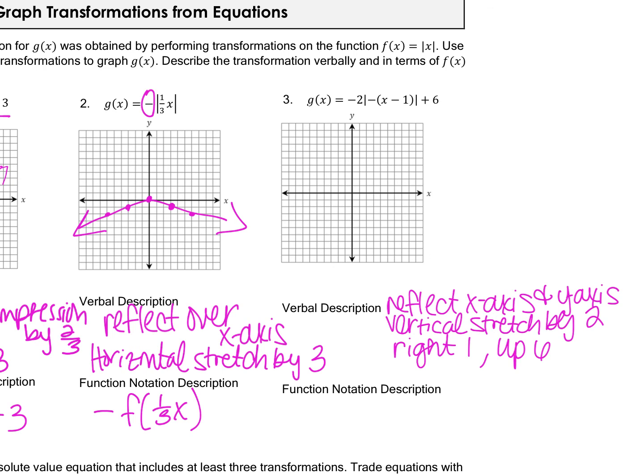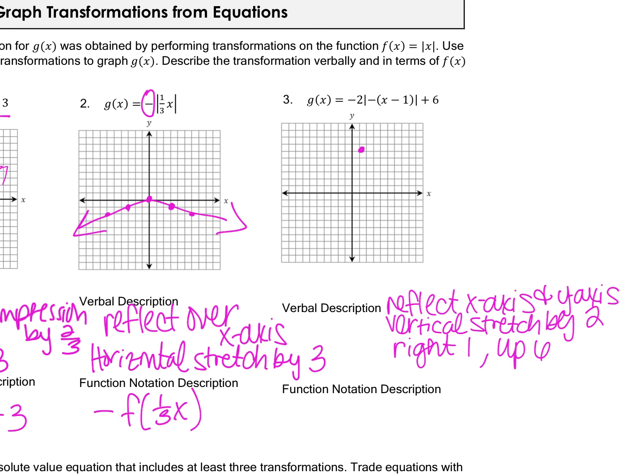Okay, so I would first start with the 0, 0. We need to shift it right 1, up 6. And then we have a reflection over the x and y axis.